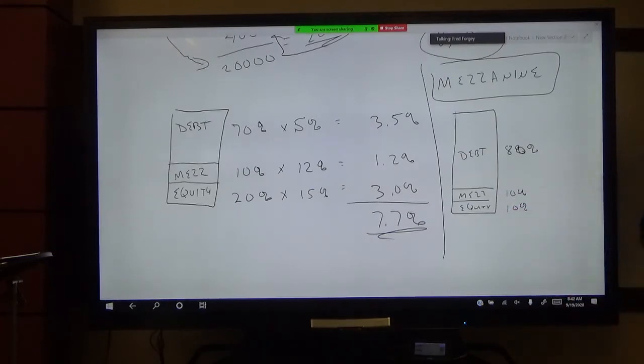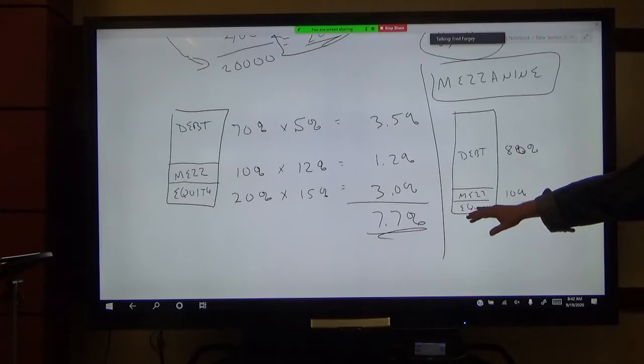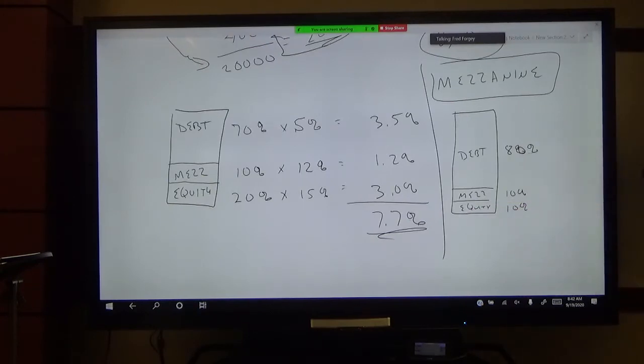So if anything goes wrong, the equity player gets removed or reduced, next will be mezz, next will be debt. That's part of the reason why the mezz player wants to insert themselves more in this process and get a higher rate of return: they may be putting themselves at more risk. Okay, does this make sense?